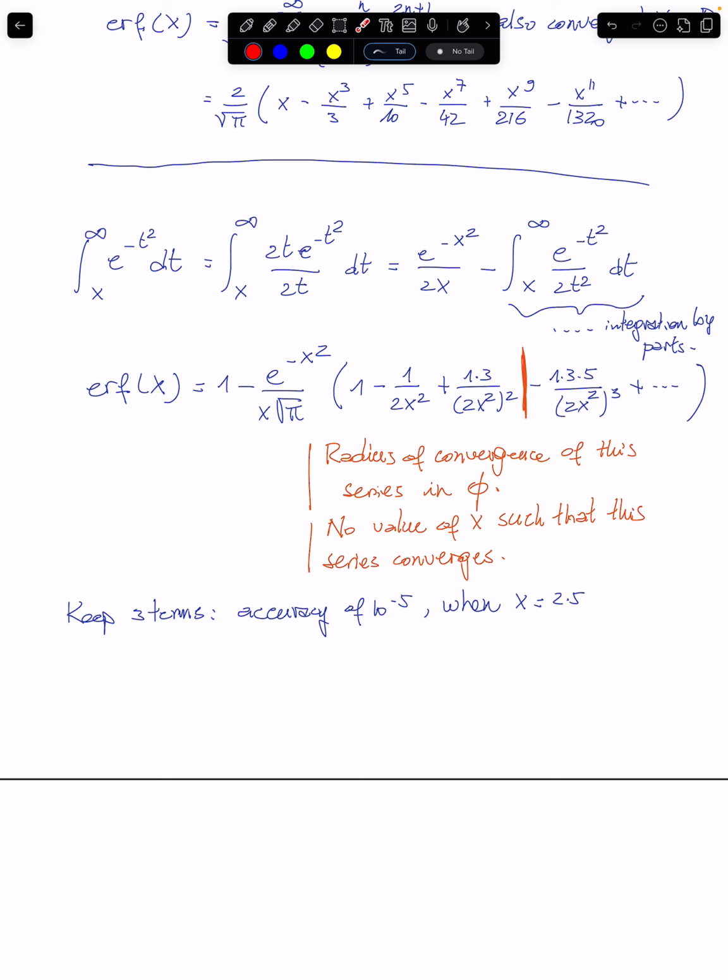If you want to determine now the accuracy of 10 to the minus 5, again, how many terms are required when x is equal to 3?